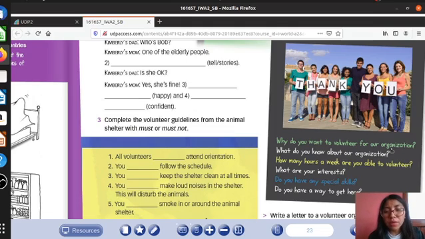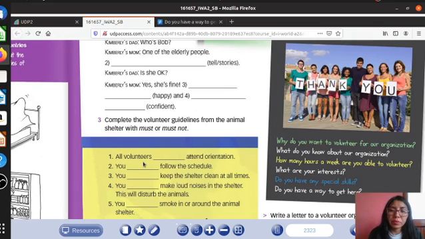Do you have a way to get here? Okay, for example, yes, of course, my mother has a car, so she can take me. Okay, or maybe I can take a bus in order to go to your organization.